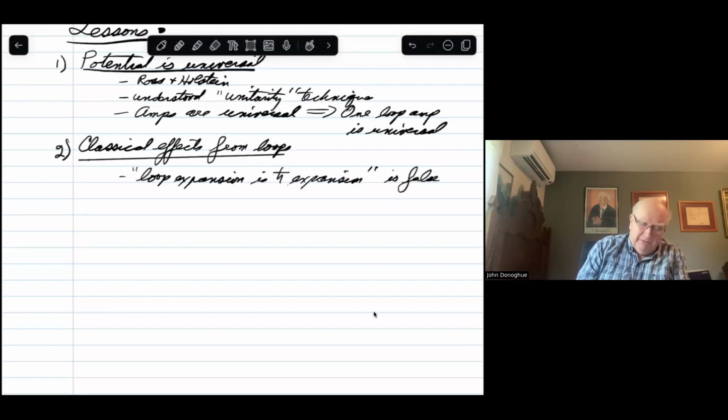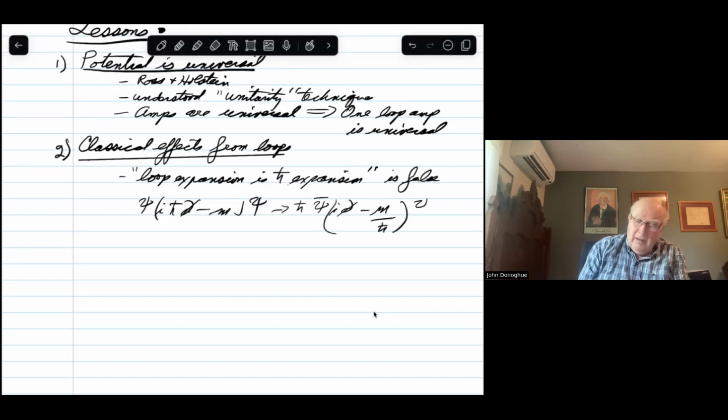So here's how it works in practice. Let's imagine I'm doing a fermion. The Dirac equation with the H bar in there has an H bar in front of the derivative. And people will pull out a factor H bar from the Lagrangian.